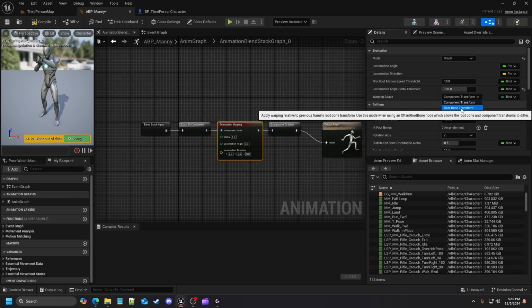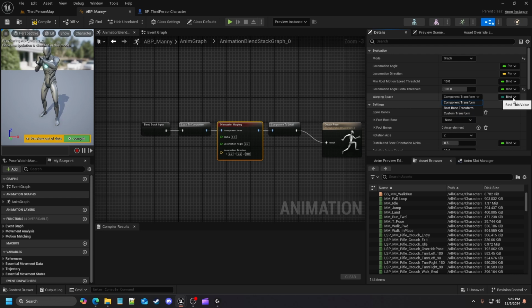However, they have it set to this, but this works best if you have the offset root bone node set in your anim BP. So if you've ever messed with the game animation sample project, or at least have watched my series on it, you'll have seen us make the root bone transform, and then we created a function that we bound to the warping space that gives us either component or root bone.